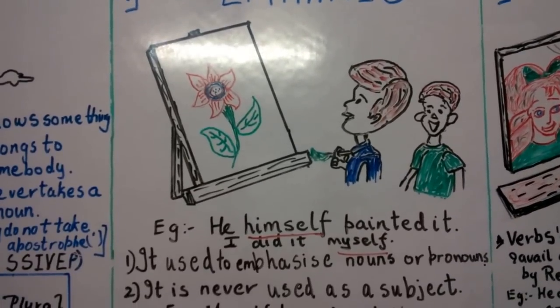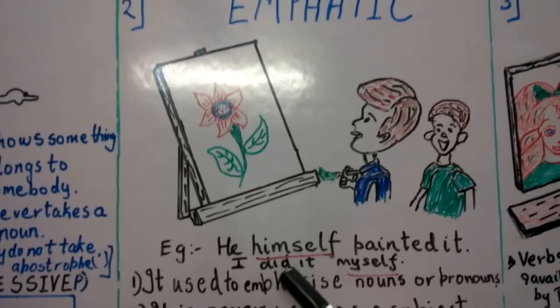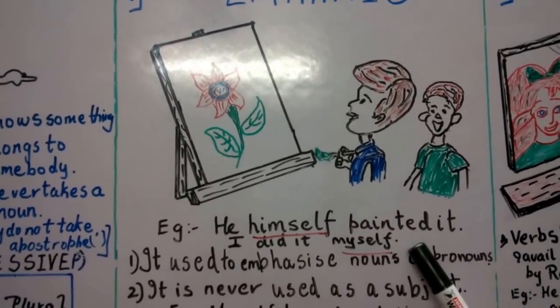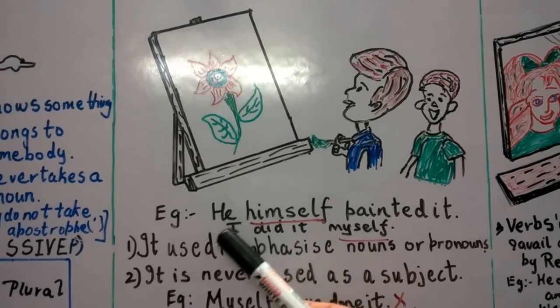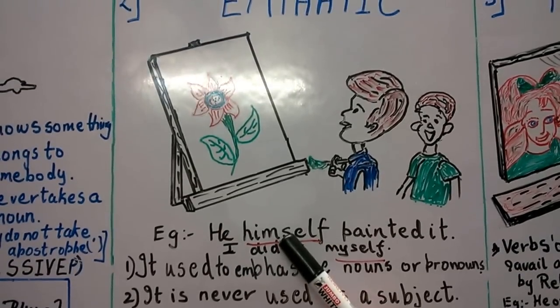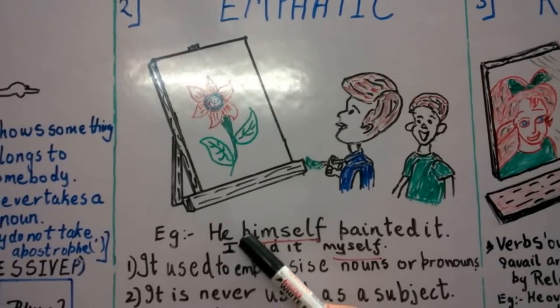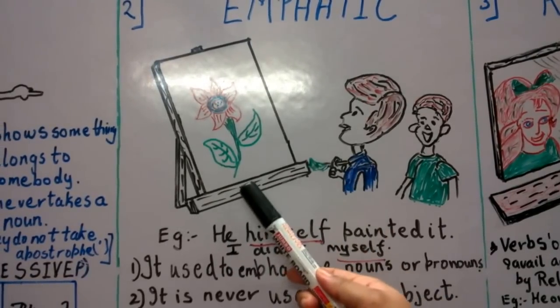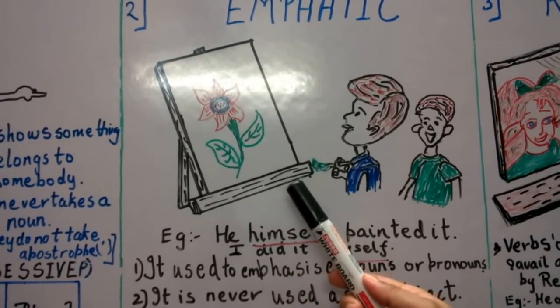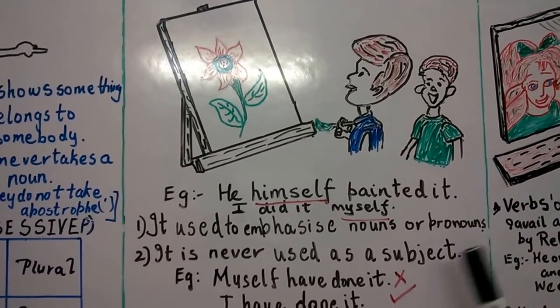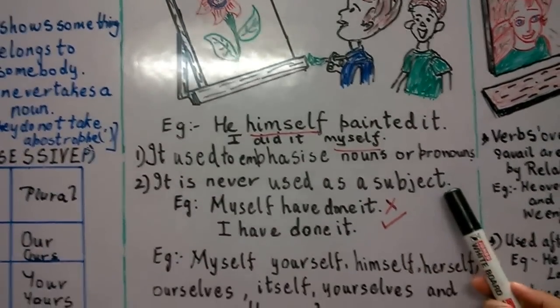Now we see in emphatic we have written examples: he himself painted it, I did it myself. We are emphasizing he, which is a pronoun. We see this boy, he himself painted it, means he is doing the work himself. It is used to emphasize nouns or pronouns. It is never used as a subject.